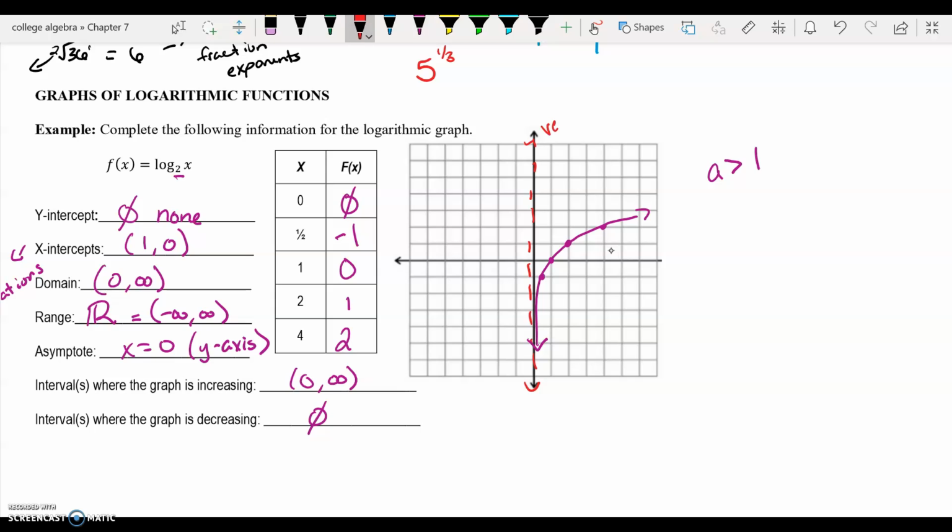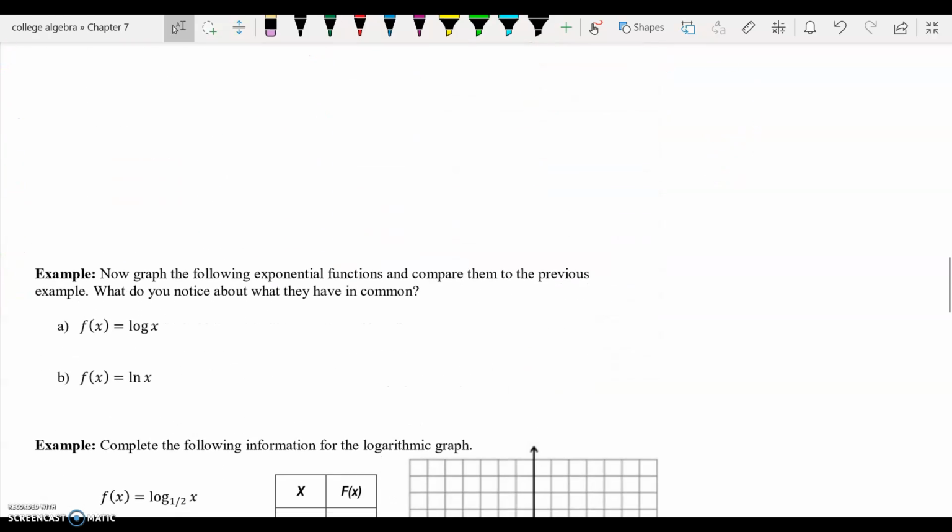And this dashed line is your vertical asymptote. So now the next question that I ask is, if you graph the base functions, the parent functions, what are their characteristics? What do they have in common?